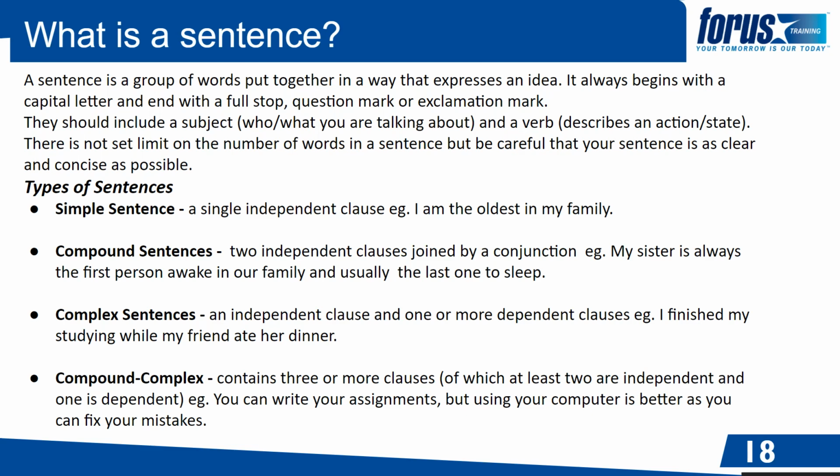Complex sentences, an independent clause and one or more dependent clauses, like I finished my study while my friend ate her dinner. Compound complex contains three or more clauses, of which at least two are independent and one is dependent. For example, you can write your assignments, but using your computer is better, as you can fix your mistakes.